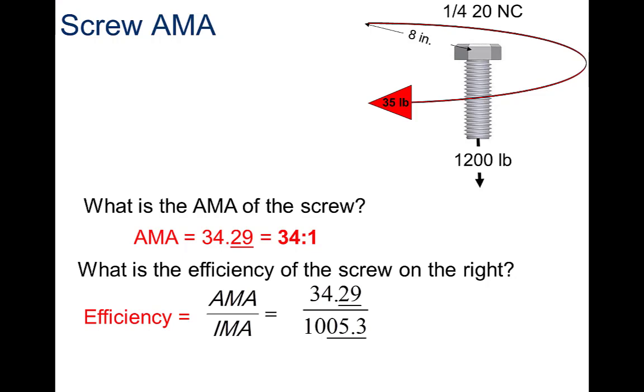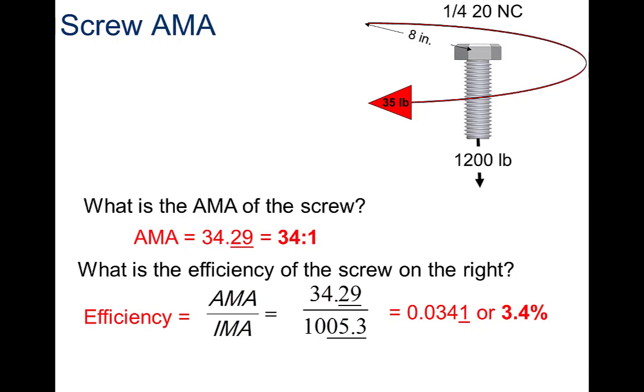Oh my goodness. So the IMA of the screw was the distance of the effort over the distance of the resistance, or the circumference over the pitch. So this efficiency is really bad. What is that? About 3%. So really horrible efficiency, but what about that mechanical advantage?